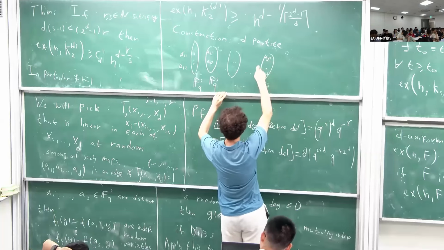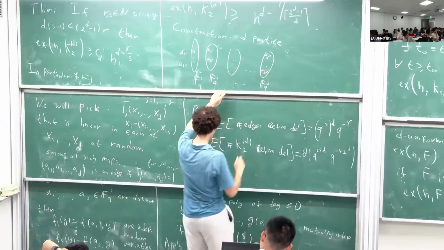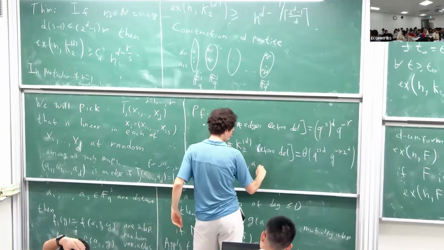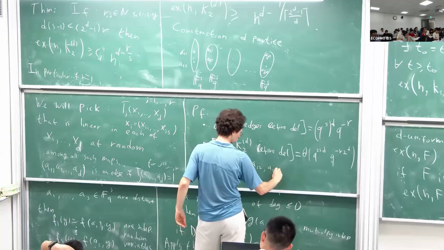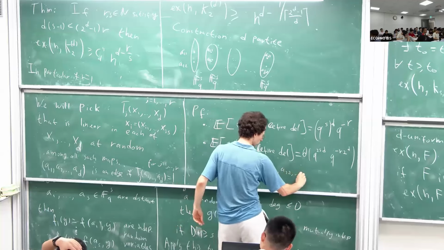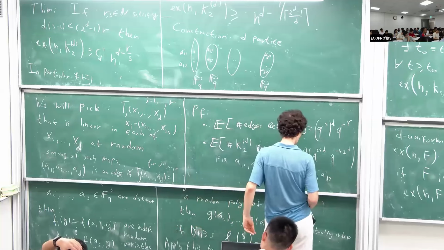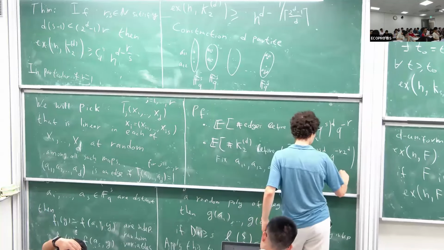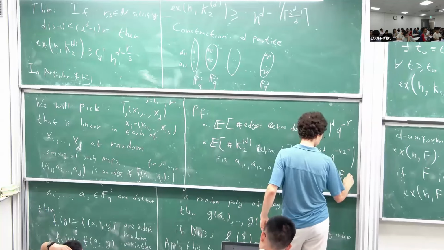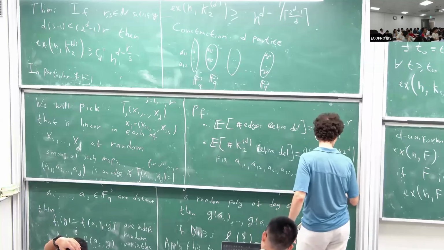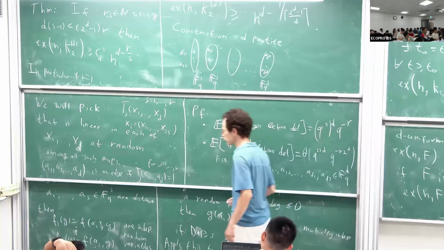So I pick two points for each part: A11, A12, A21, A22, all the way to AD1, AD2. So this is a bunch of points, and I want to count the probability that all of these are edges.